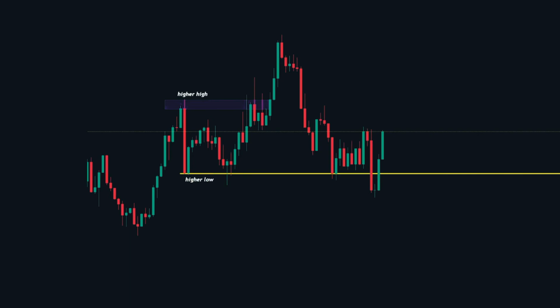So price is shooting upwards from this higher low, and it is creating a new higher high at this point here.